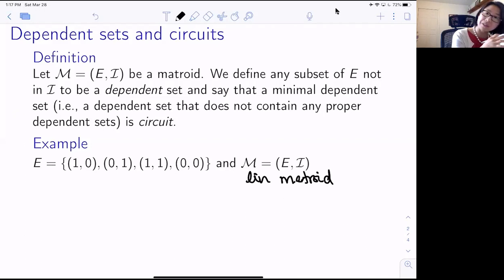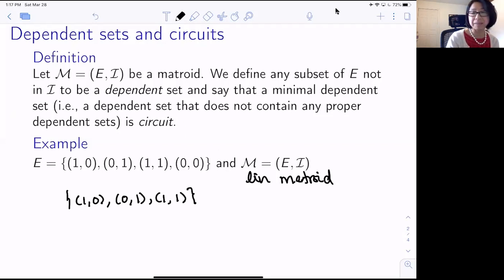These vectors are all contained in R2, which has dimension 2, so any subset of 3 of them has to be dependent. In fact, the set containing (1,0), (0,1), and (1,1) is a dependent set, and any proper subset of it is linearly independent. So this is a circuit.